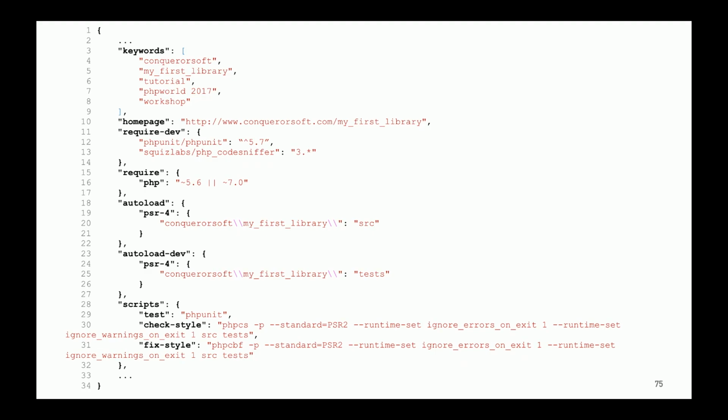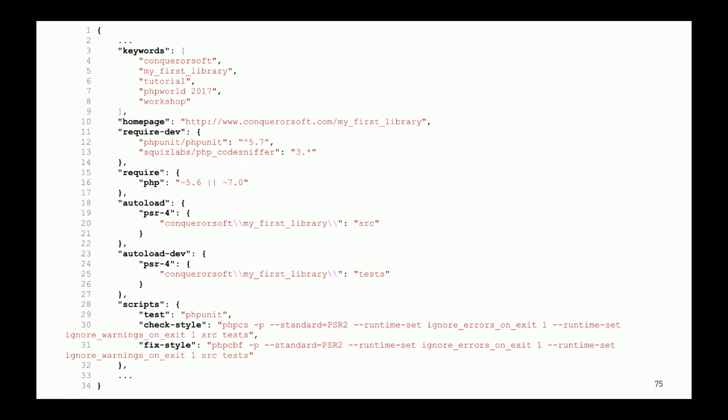If it is a routing library, then you would include a route keyword here. So I just put this, but you could put any keyword that you would like. Then the home page of your library, it could be a separate resource, or it could be hosted in GitHub pages also. We are going to talk about that later.